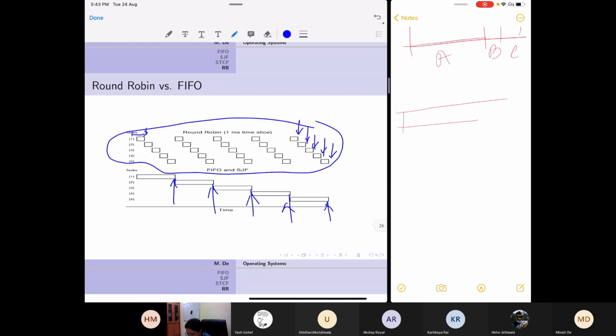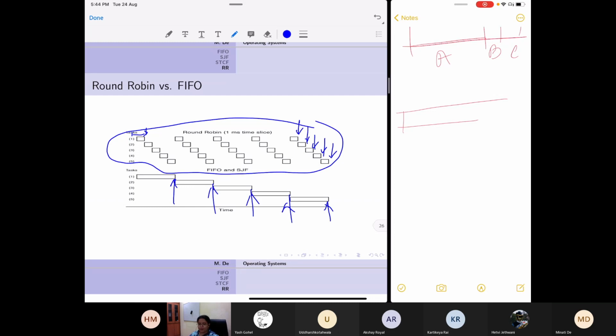Now with respect to turnaround time, what is the average turnaround time for round robin and FIFO? Can you compare it? From the picture itself, it is obvious that the average turnaround time of round robin would be much more compared to FIFO, right? So with respect to turnaround time, for this particular example, FIFO works better than round robin.